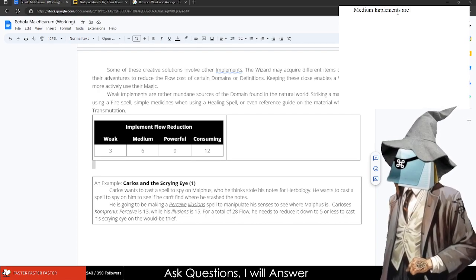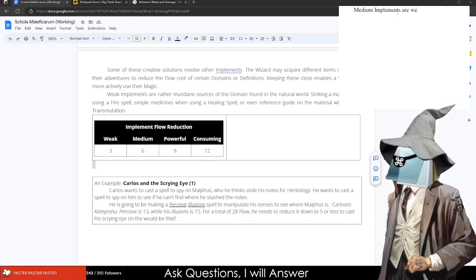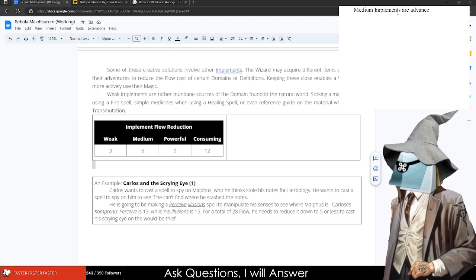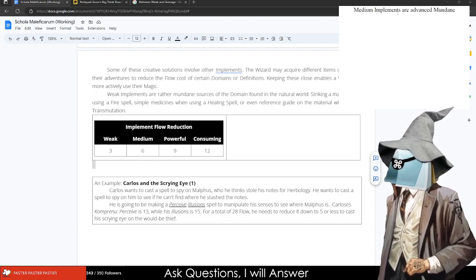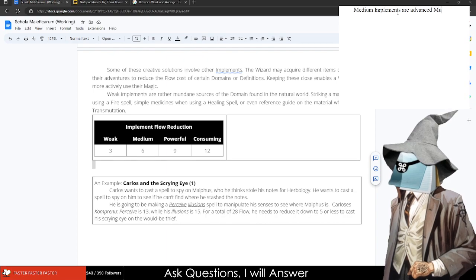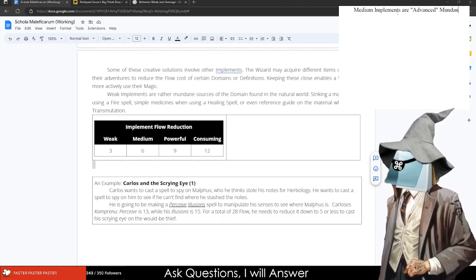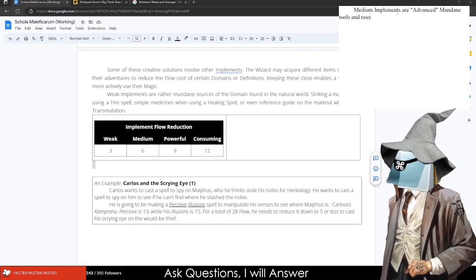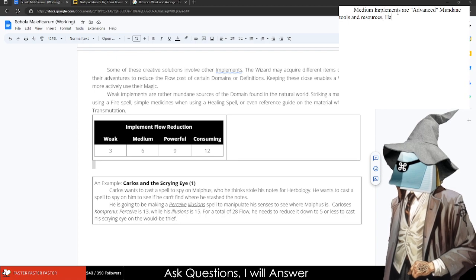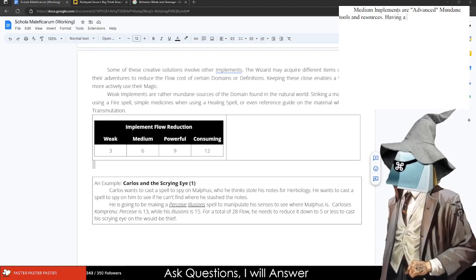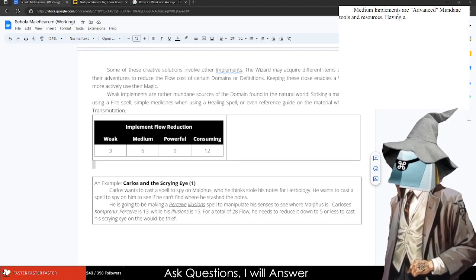Medium implements are advanced mundane, quote, advanced mundane tools and resources. How do I want to word this?